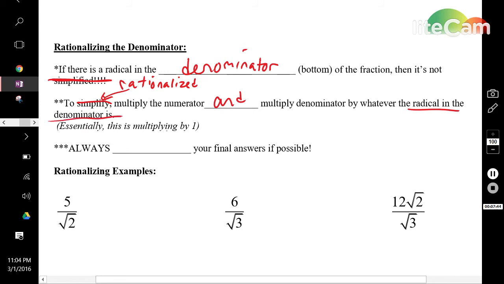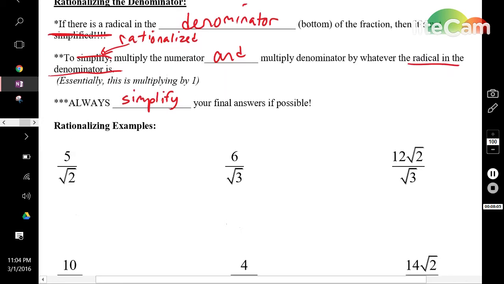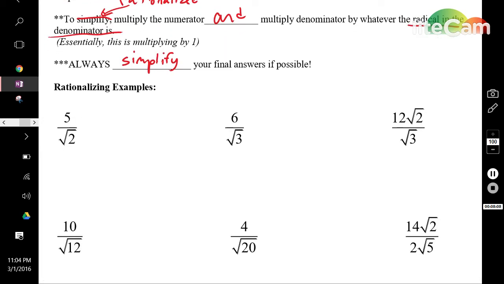Essentially, this is multiplying by 1. So you're multiplying both the top and bottom by the same number, and when you do that, you're multiplying by 1. So while we're changing the way the fraction looks, you're actually not changing the actual numerical value of it. And finally, always simplify your answers if possible. So if there's a radical that can be simplified, we are going to expect that you do simplify it.